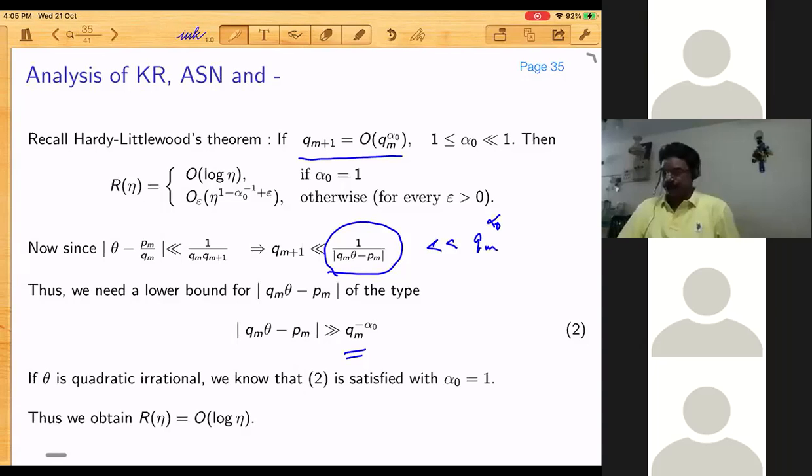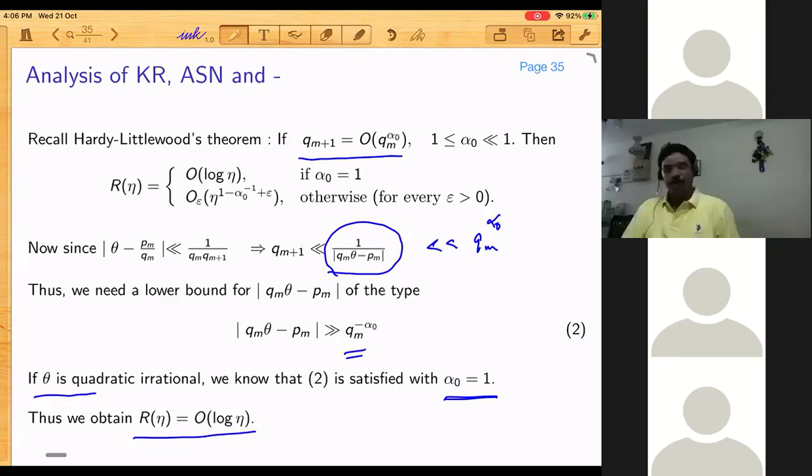So if theta is any quadratic irrational, then alpha naught equal to 1 is admissible. So when theta is quadratic, we obtain R eta is O of log eta. This is the proof of the first observation.